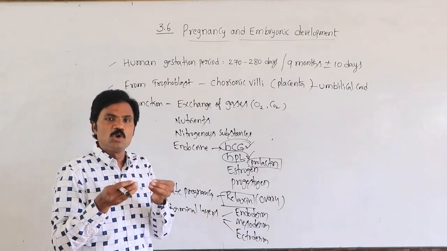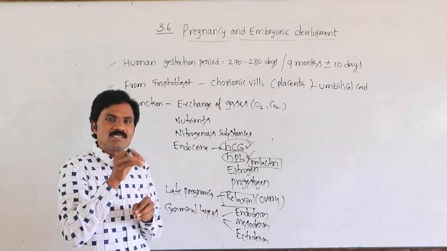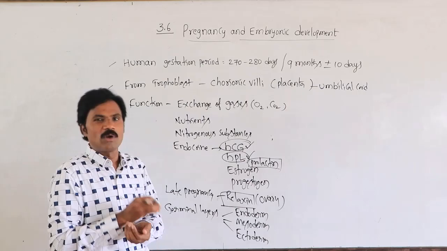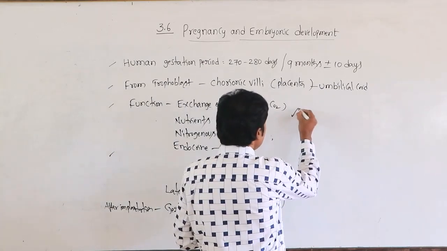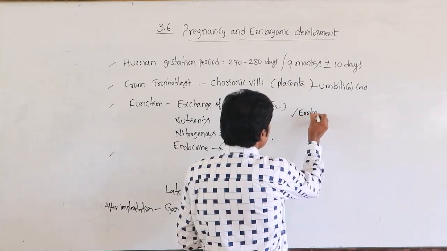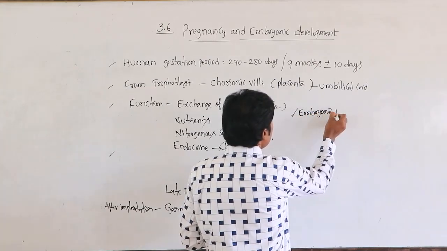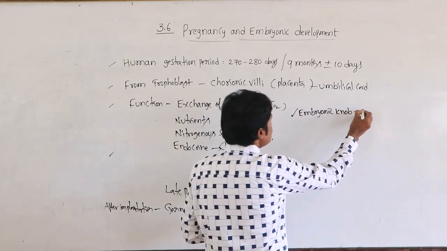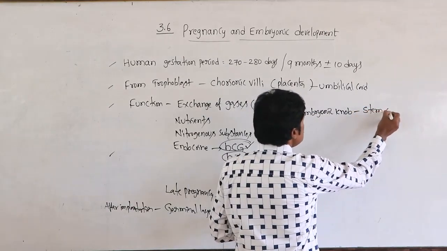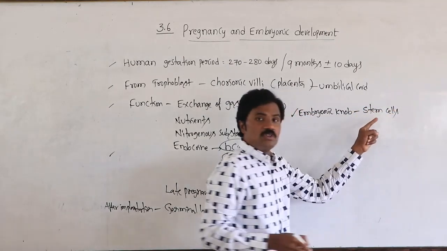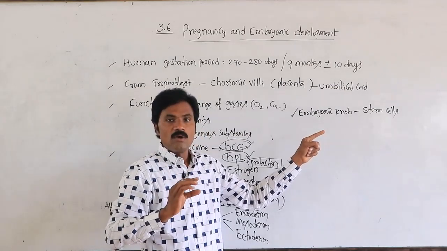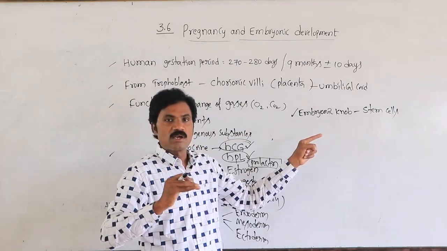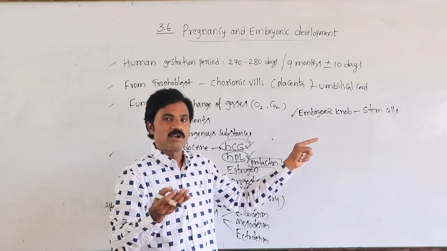Some cells of the embryonic knob act in an important role. What type of function do these cells have? In the embryonic knob, some cells act as stem cells. These stem cells play a crucial, vital role in differentiation, growth and development of different types of tissues.